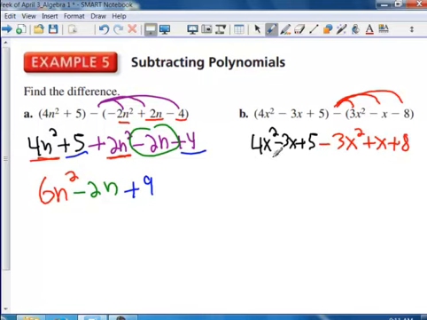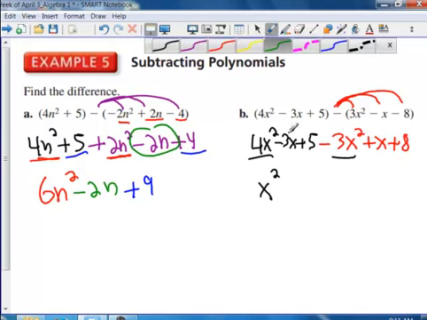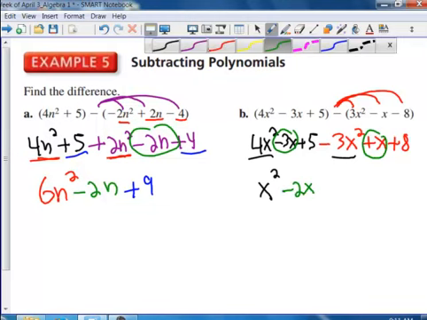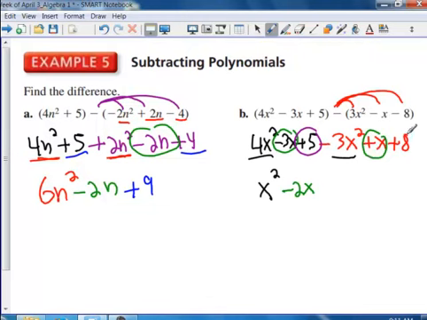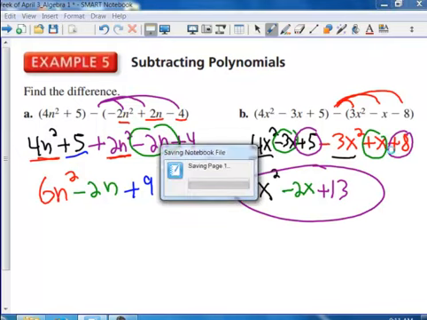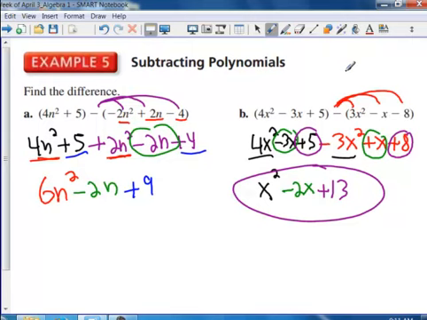So we end up with combining these to be just 1x squared, or just x squared. We combine these to be negative 2x, and we combine these to be positive 13, and that's our answer. Okay, so that's pretty much what we're looking for here. Maybe we'll try a couple problems, and then we will continue onward, okay?